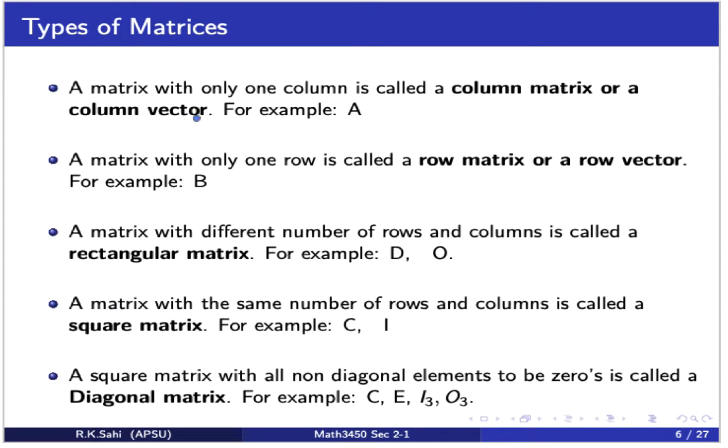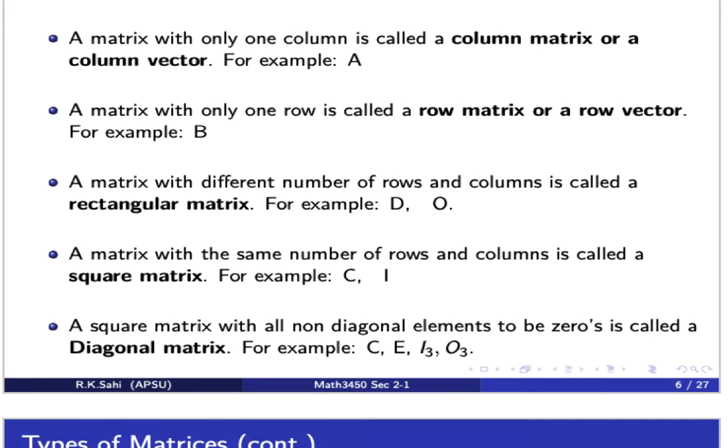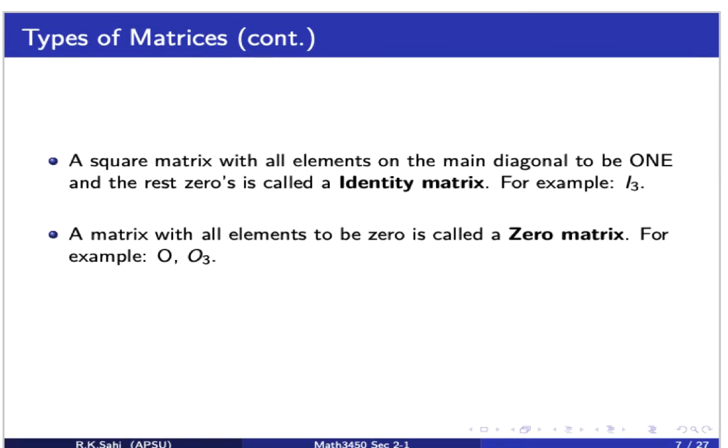So here it is: a matrix with one column, a row matrix, a rectangular matrix, square matrices, diagonal matrices, an identity matrix, and a zero matrix. These are the very specific matrices we will be talking about a lot throughout. So this was some specifics. Now let's talk about a general matrix.